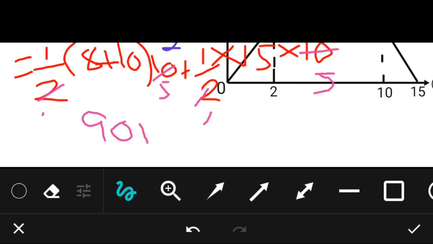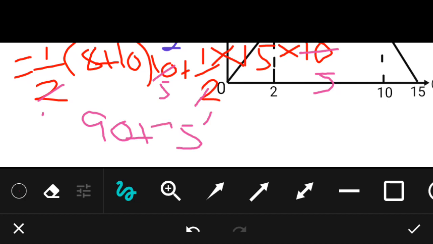Okay. Then plus 15 there times 5, that is 75, because 5 times 5 is 25, then 5 times 1 is 5, plus 2, that is 7.